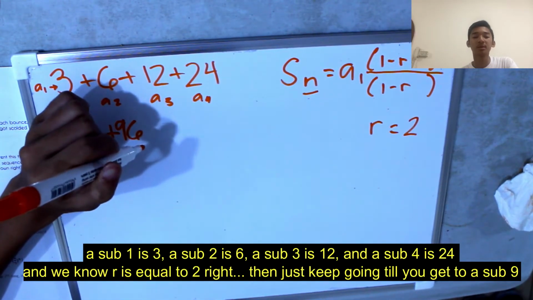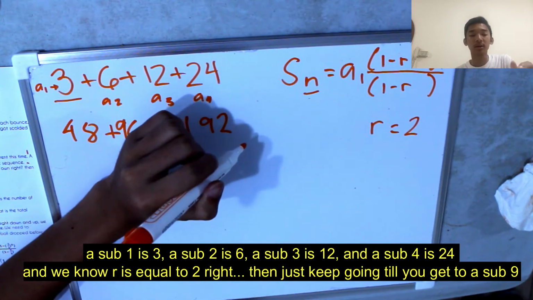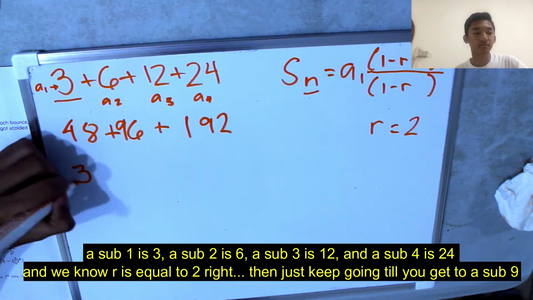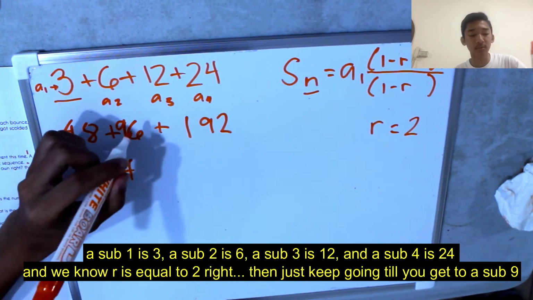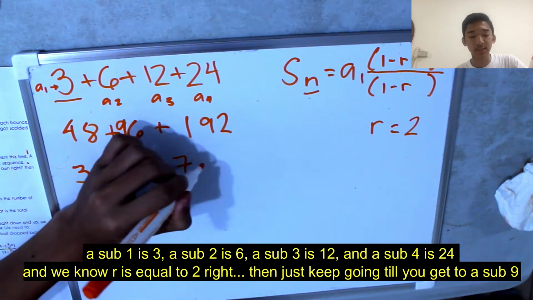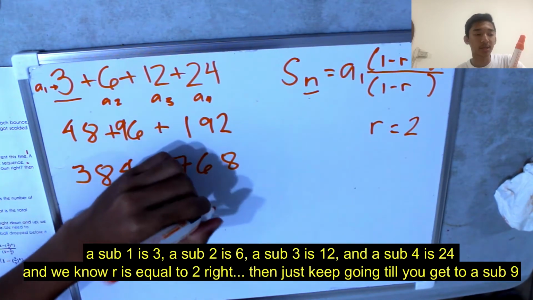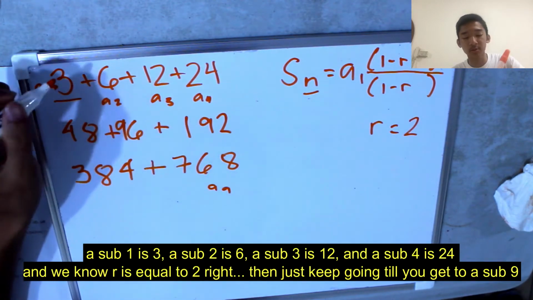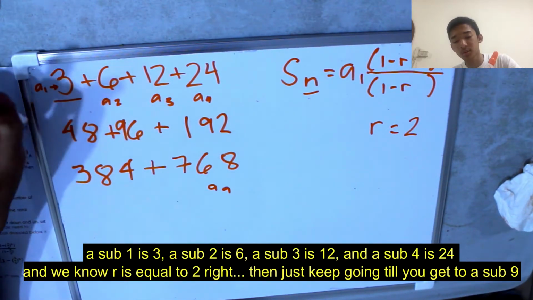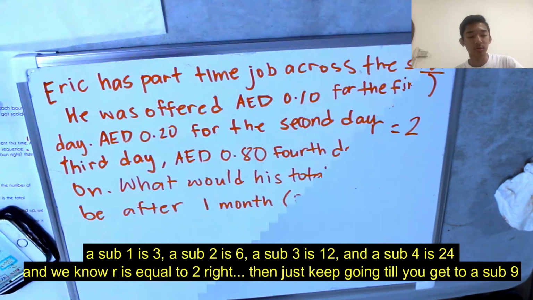Multiply 96, we will get 192. Multiply 192, you'll get 384. And if you multiply that by 2, you'll get 768. So that's how we reach A sub 9. But all in all, if we add that together, we'll still get the same answer, which is 1,533.